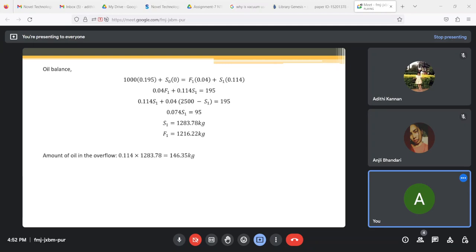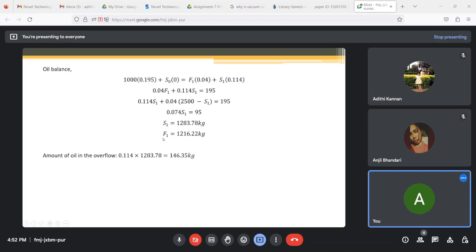So the amount of oil in the overflow is equal to 0.114 into 1283.78. 0.114 was the solute concentration in terms of fraction. So 0.114 into 1283.78 will give you, in terms of kgs, 146.35 kgs in the overflow.